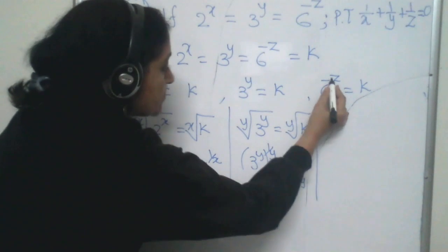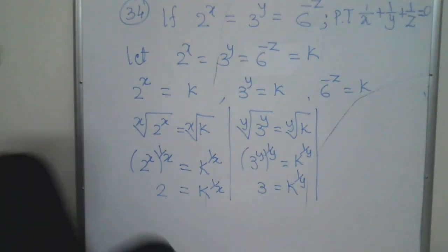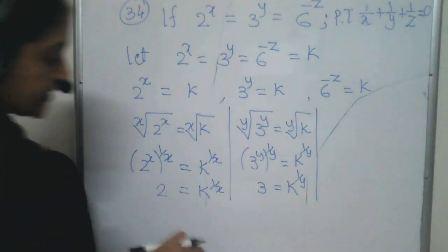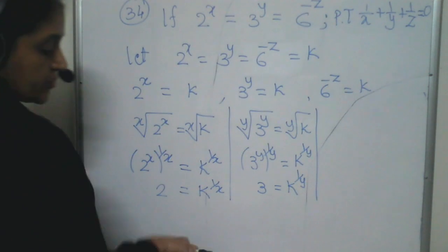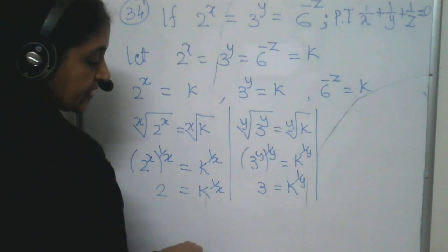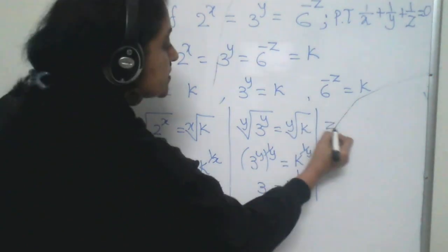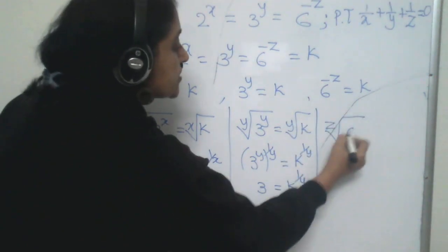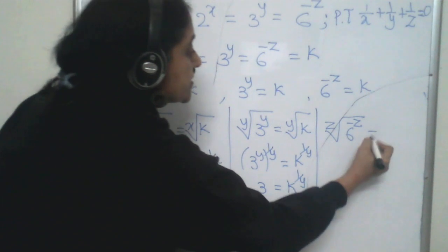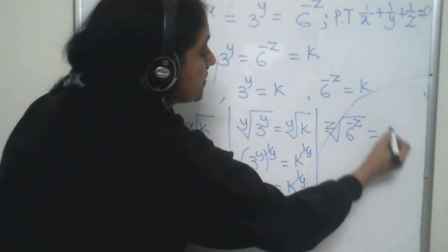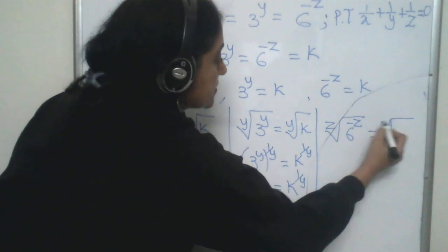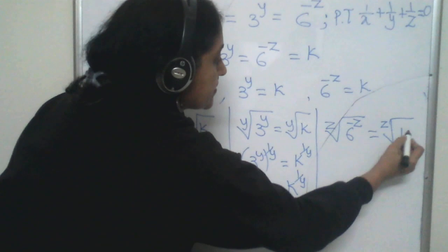6 to the power minus z is there. Don't think that because of the minus z you are supposed to introduce minus z. No. The zth root of 6 to the power minus z is equal to the zth root of k.